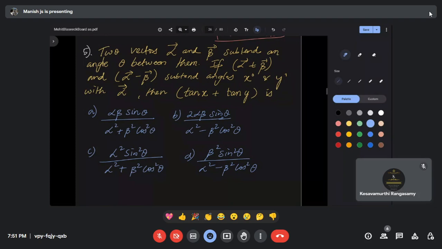So they have given you two vectors, alpha and beta, subtending an angle of theta between them. Then they are asking, if alpha plus beta and alpha minus beta subtend angles x and y degrees with alpha, then what is tan x plus tan y? That's the question.